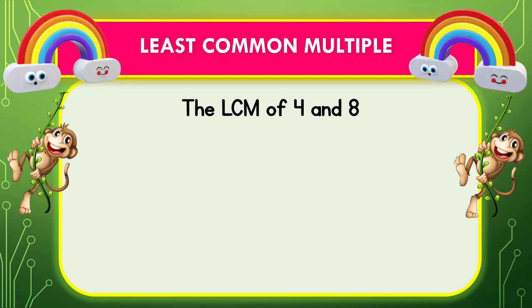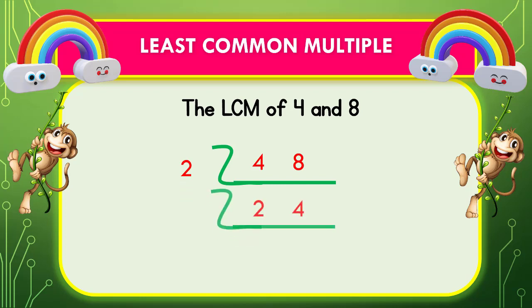For example, the least common multiple of 4 and 8. First, set up the number. What number can divide 4 and 8? 2, right? So 4 divided by 2 is 2, and 8 divided by 2 is 4. Next, what number can divide 2 and 4? It's 2, right? 2 divided by 2 is 1, and 4 divided by 2 is 2.